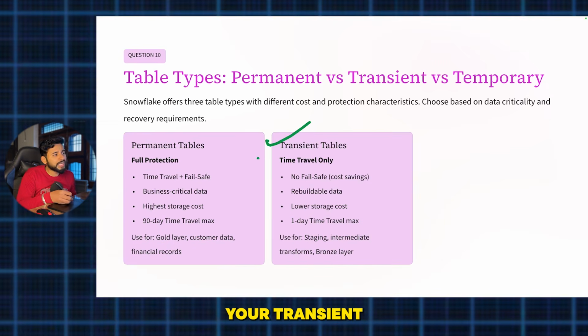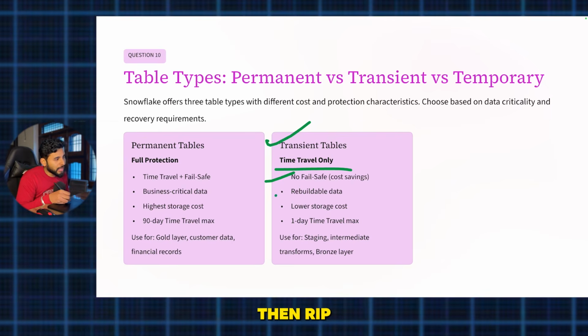Next are transient tables. In transient tables you can do only time travel; fail-safe will not be there. It gives you cost savings, and you can directly create a transient table and use it. It is for rebuildable data, with lower storage cost, and a maximum of 1 day of time travel.